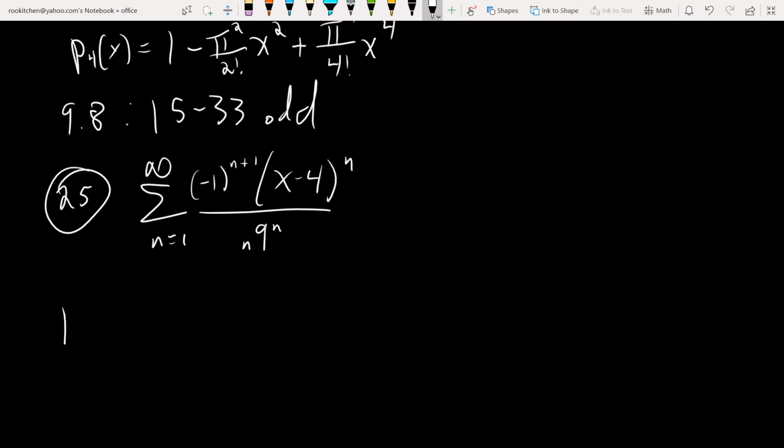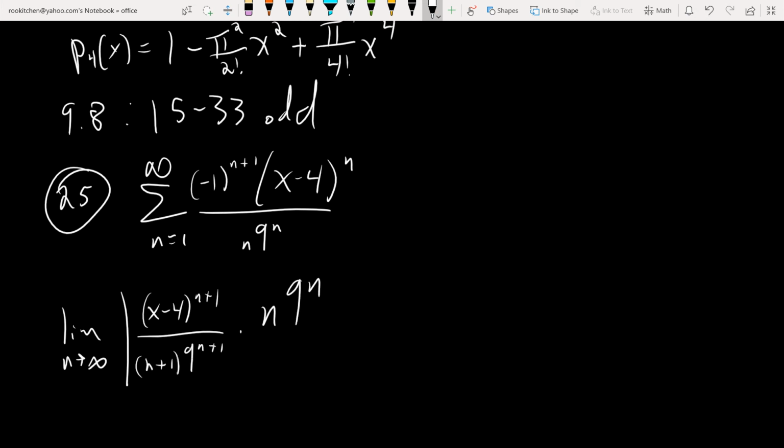Okay, so I do the limit as n goes to infinity of the absolute value. Again, you can throw the negative 1 in the trash and then just worry about x minus 4 to the n plus 1 all over n plus 1 times 9 to the n plus 1 times n times 9 to the n all over x minus 4 to the n.